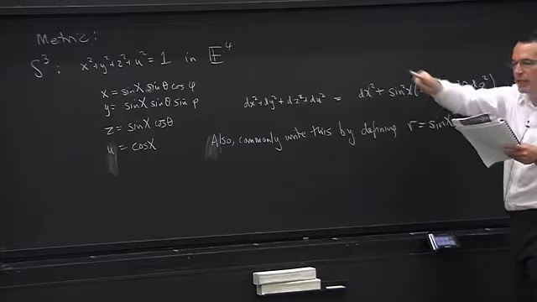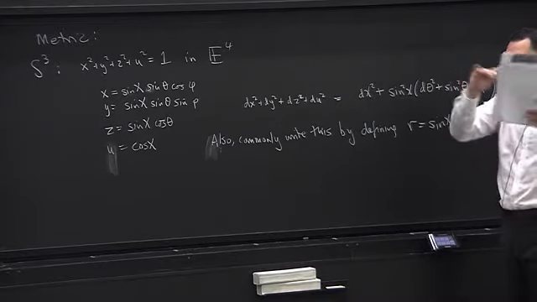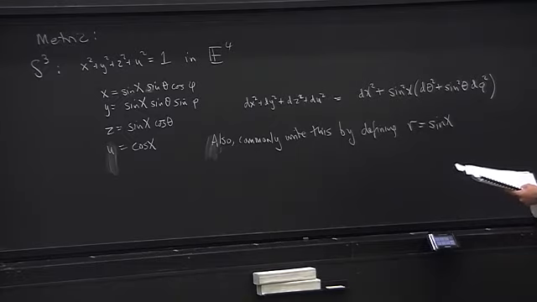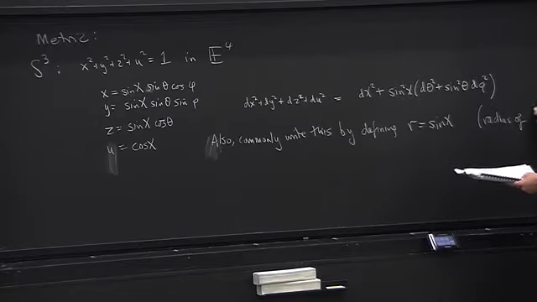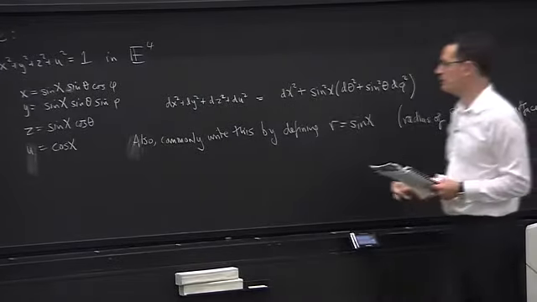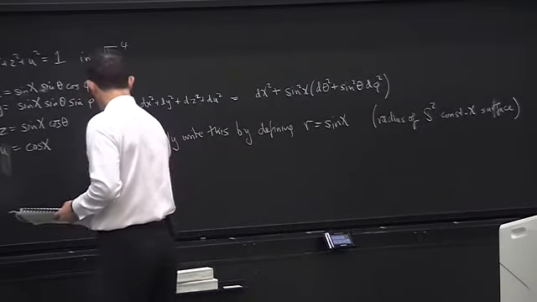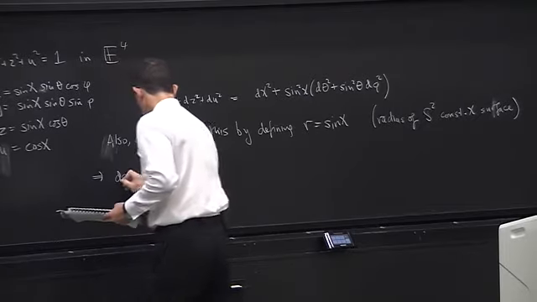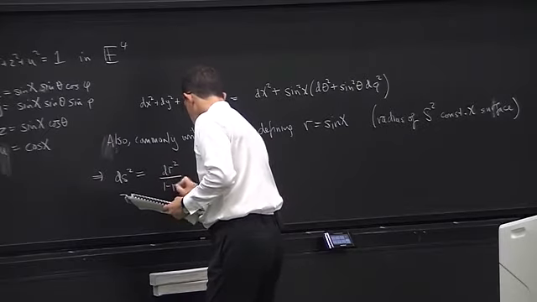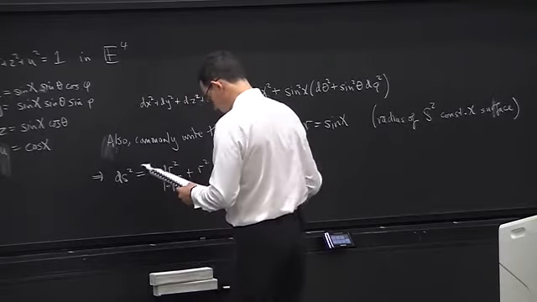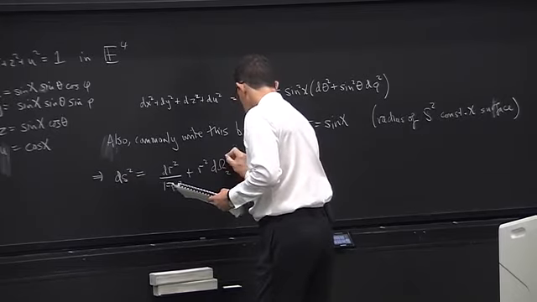As I think about going out in chi, I have some radius, which is sine chi. This is the radius of S2, the constant chi surfaces. And just changing variables in there, we'll see that the line element ds squared is equal to dr squared over 1 minus r squared plus r squared d omega 2 squared.